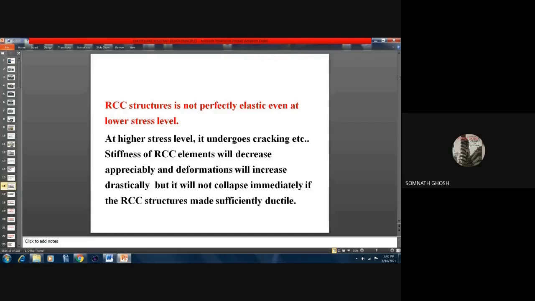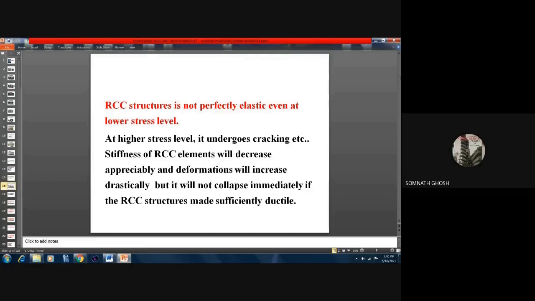But if you think about all these aspects, probably it will be difficult for you to analyze it. But if you can analyze the simple model, and after that, if you keep some kind of factor of safety, some kind of safety elements for this kind of structure, that will solve our purpose. So we will always try to go for the perfect analysis, but it is not always possible.